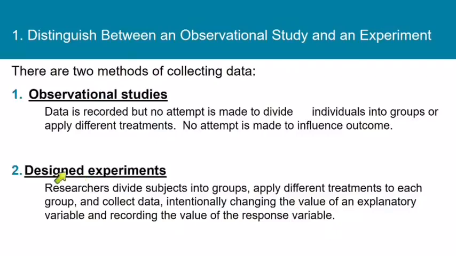So in a designed experiment, the subjects, and it doesn't have to be people, are divided into groups, and we control which group each subject goes into, and then we apply different treatment to each group. Whereas in an observational study we apply no treatment whatsoever. In a designed experiment, we divide people, or subjects, into groups intentionally, and we apply some different treatment to each group.